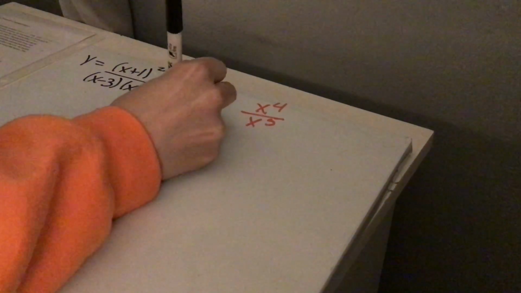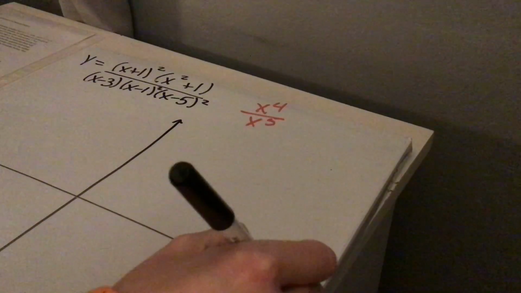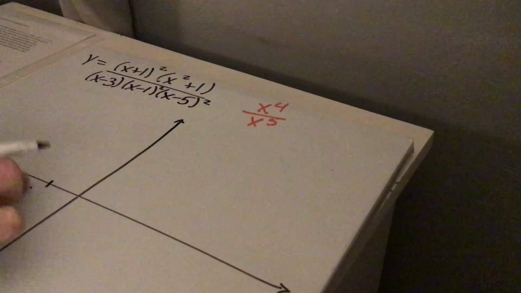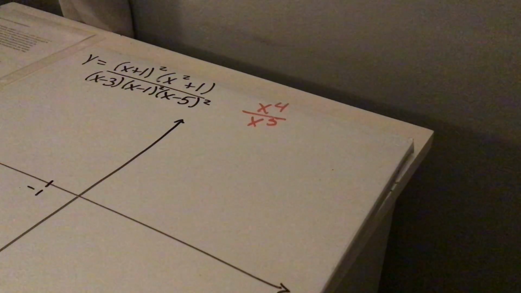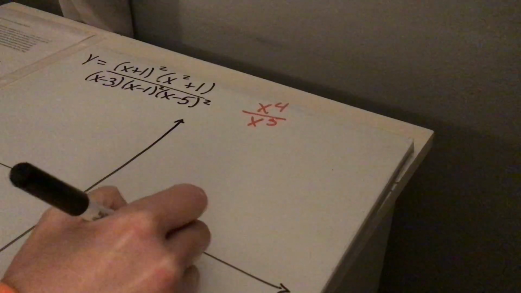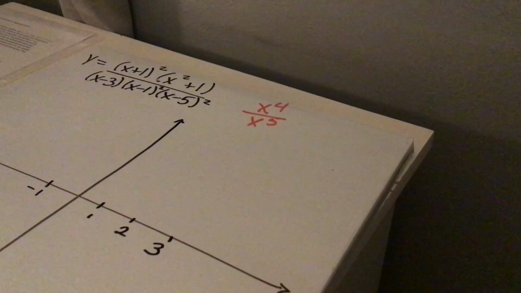Okay, so here is my x and y axis. We know we have a 0 at -1. We have an asymptote at 3, an asymptote at 1.